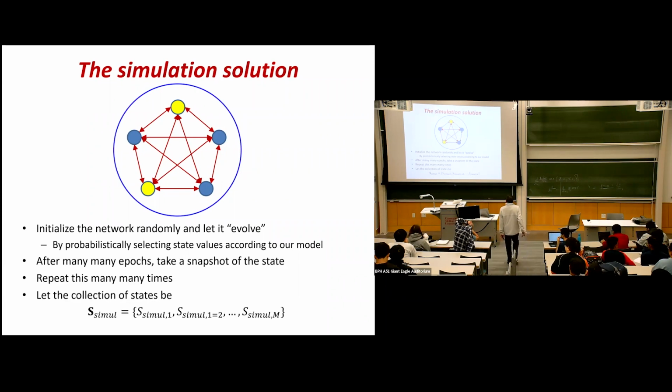So initialize the network randomly, let it evolve by probabilistically selecting state values according to the logistic as we first saw. Then after many epochs of this evolution, take a snapshot of the state. I'll call this a simulated state, simply because it's a sample, right? If I repeat the process many times, I'm going to get an entire collection of these simulated states.